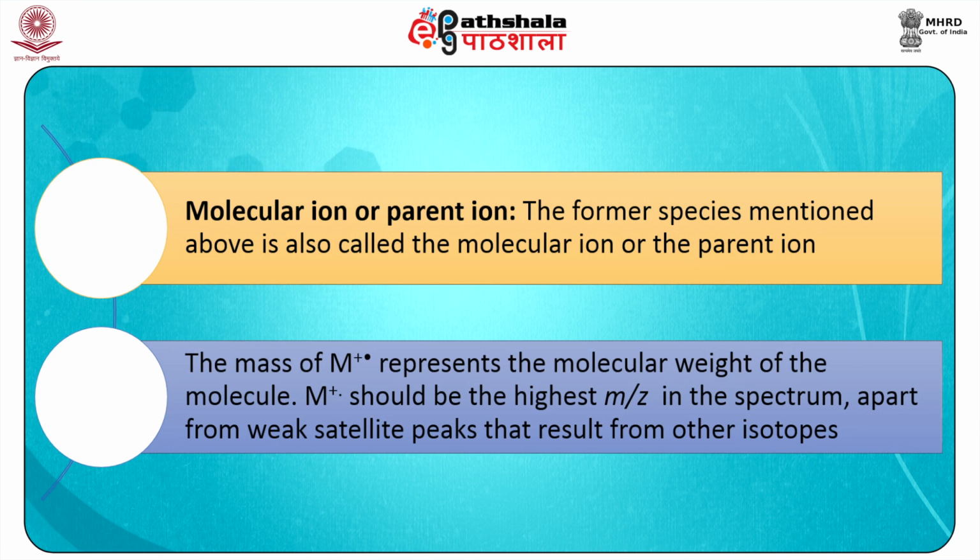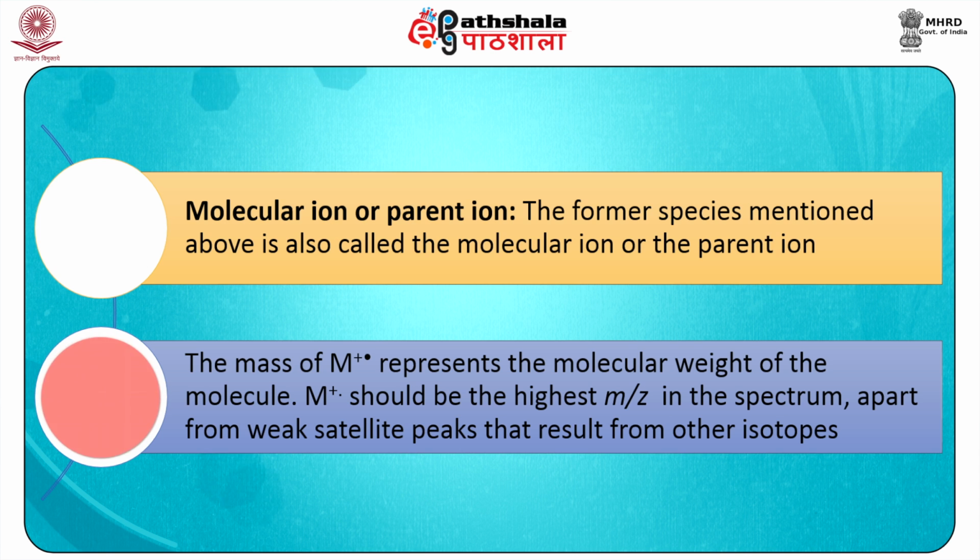What is now a molecular ion or a parent ion? They are both the same. The former species mentioned above, that is the radical cation, is also known as molecular ion or the parent ion. So now you know that there are three names for the same thing: molecular ion, parent ion and radical cation are one and the same.